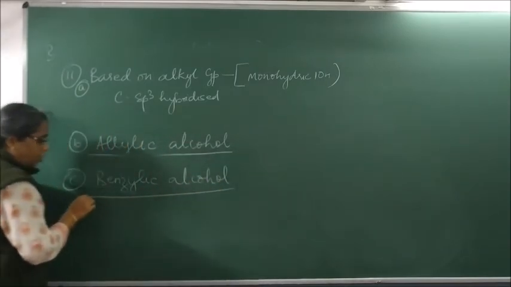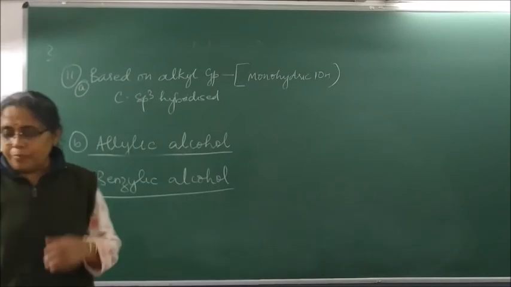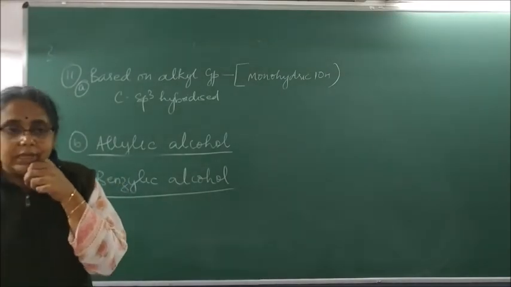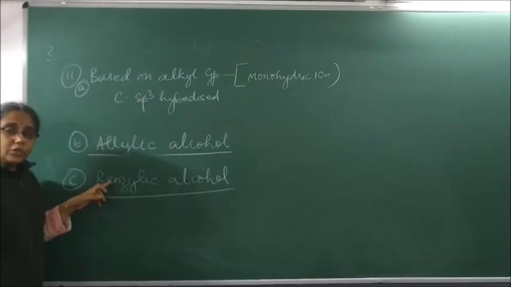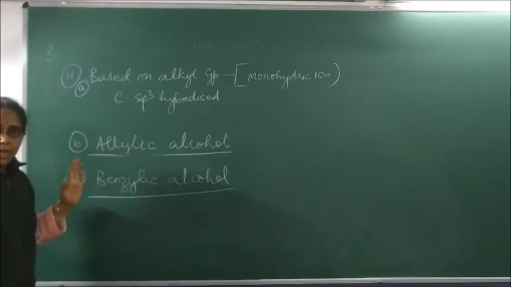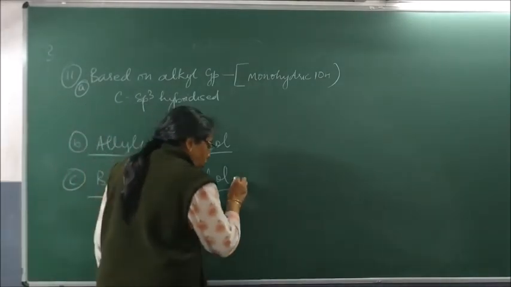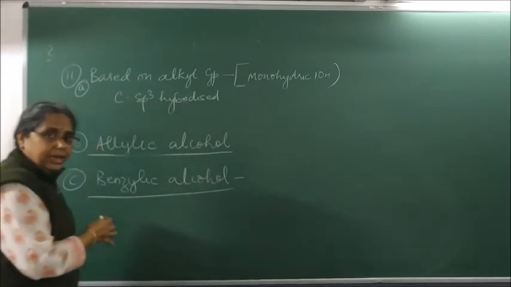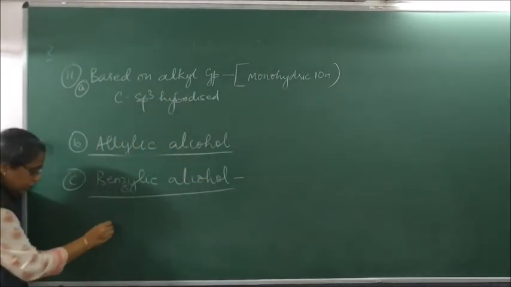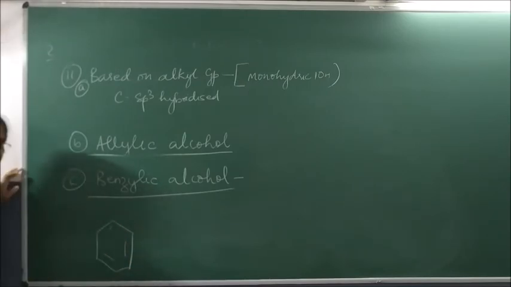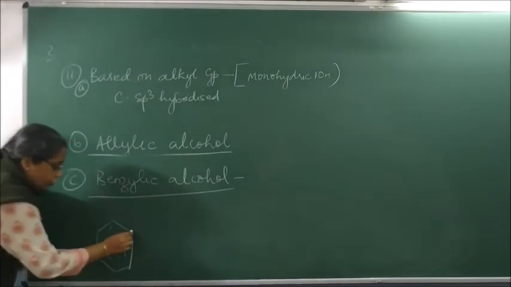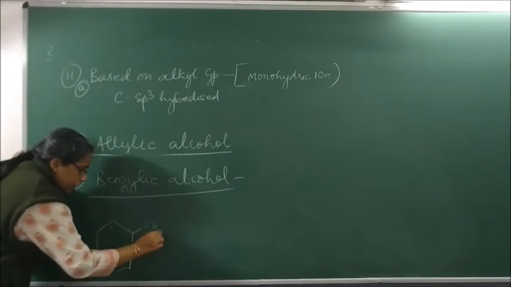Benzylic alcohol. Now when we talk about benzylic alcohol, here also the carbon to which OH is attached should be sp3 hybridized. This can also be primary, secondary and tertiary. So let us understand, this is my benzene, to which I attach CH3.